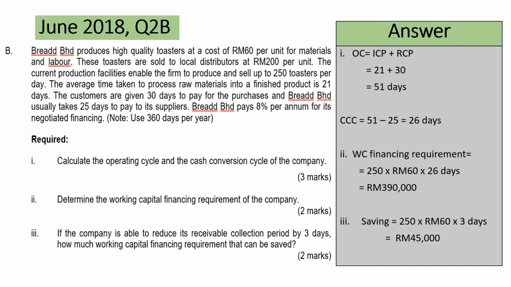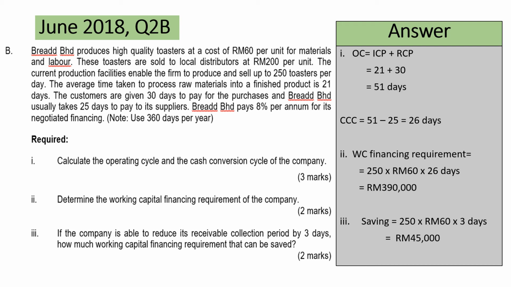The average time taken to process raw materials into a finished product is 21 days. The customers are given 30 days to pay for the purchases, and Bread Berhad usually takes 25 days to pay to its suppliers. Bread Berhad pays 8% per annum for its negotiated financing, use 360 days per year.